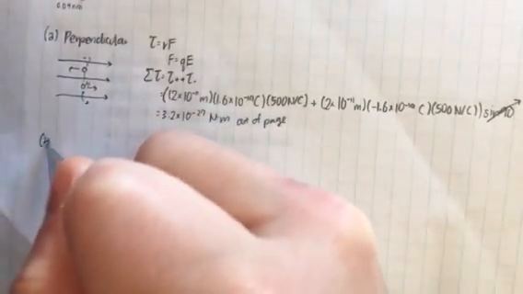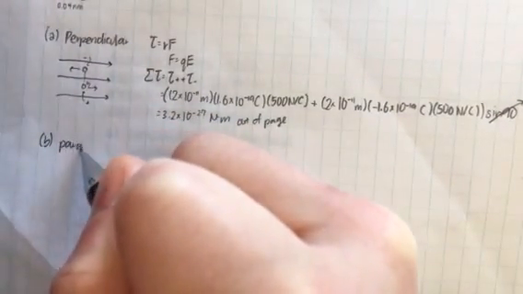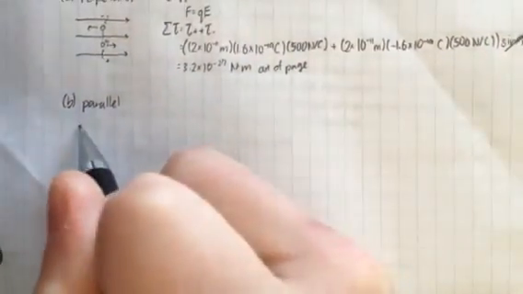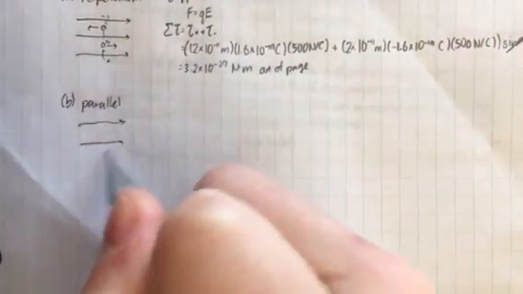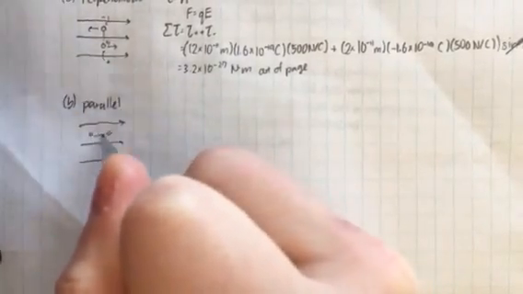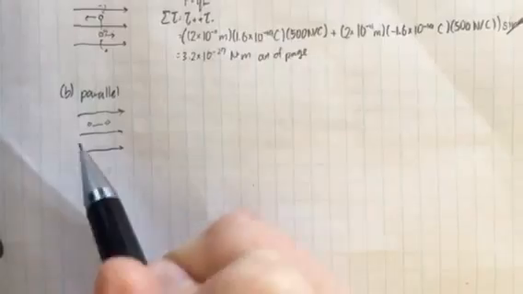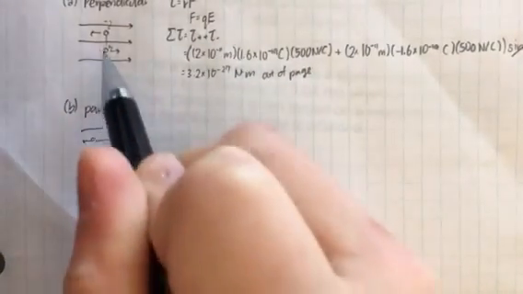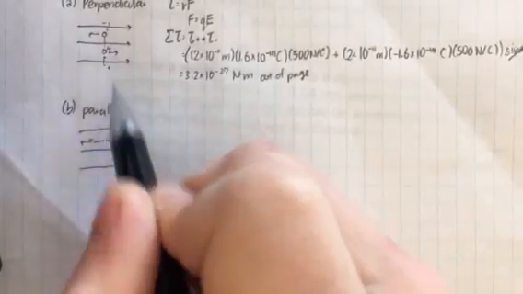Alright, part B asks if it's parallel. If it's parallel to the field, we're going to draw our field again. That means our particles must be arranged like this, right? And then the torques would be this way, still the same as these. Same torques.